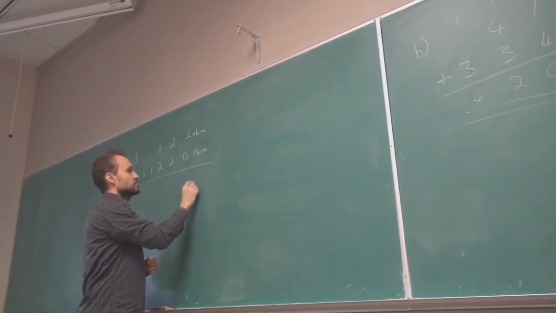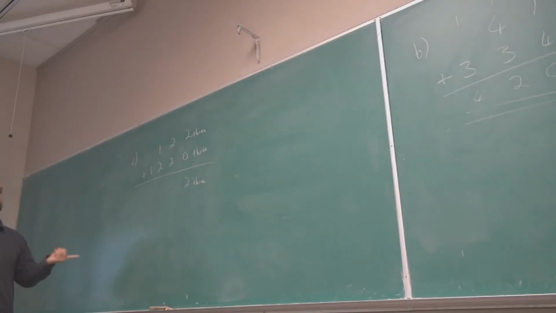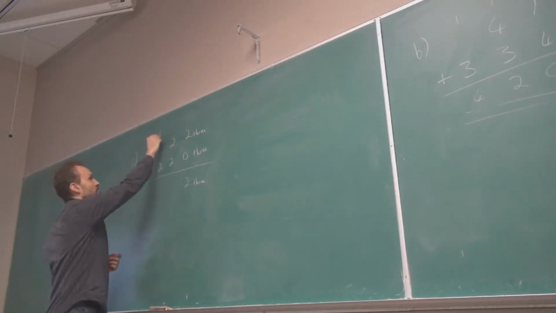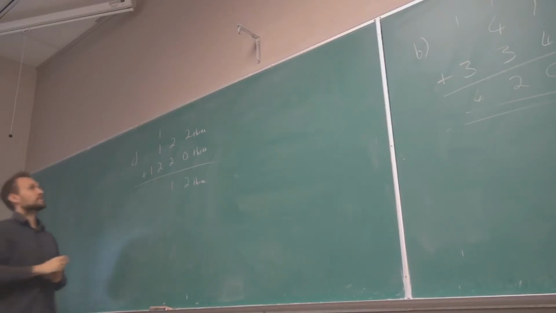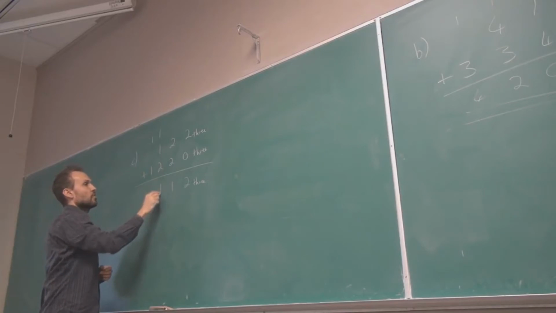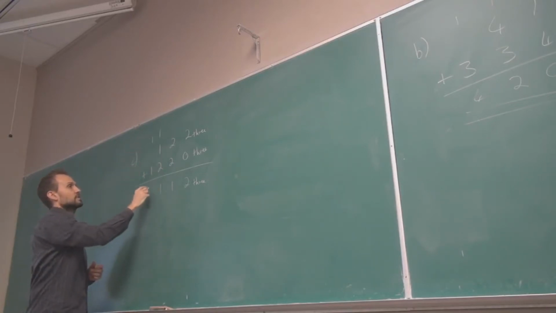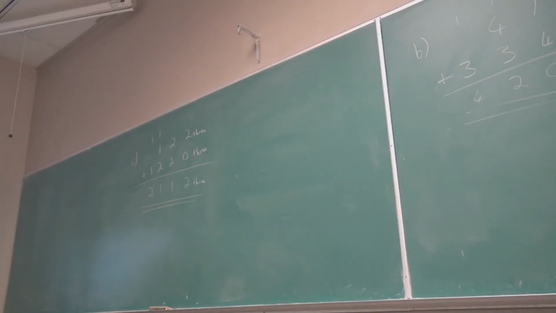I have a symbol for 2, so that's fine. 2 plus 2 is 4. There's no 4 here. That's one group of 3 and 1 left over. 1 plus 1 plus 2 is another 4. That's one group of 3, 1 left over. And 1 plus 1 is a 2. That was a little easier.